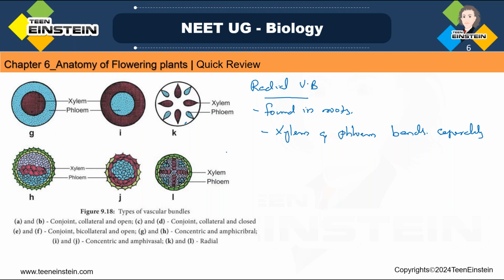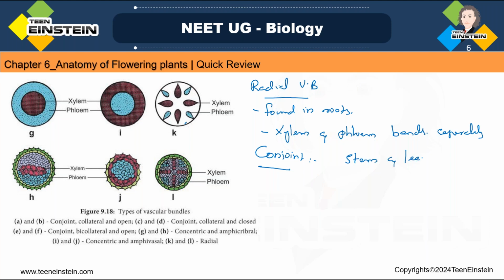Next comes the conjoint vascular bundle, which you can see in the stem and leaves.